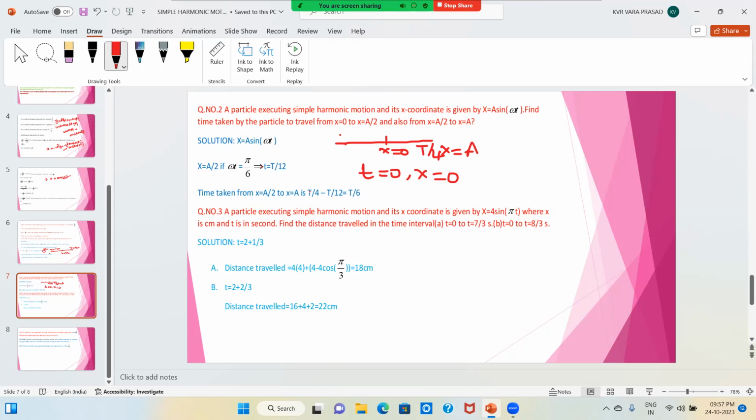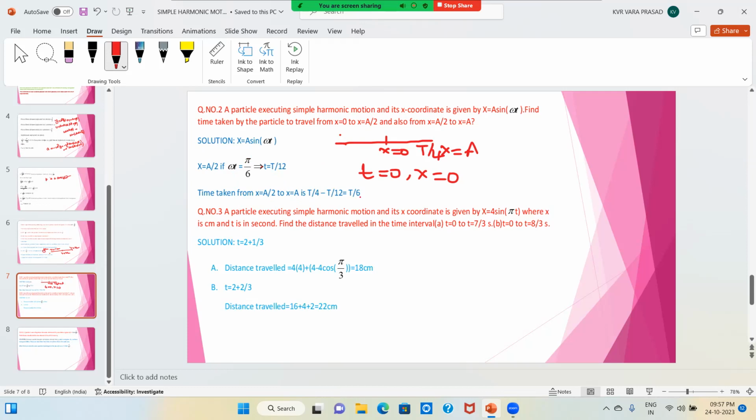To calculate the time taken from a by 2 to a, we subtract T by 12 from T by 4, because T by 12 is the time taken from x equal to 0 to x equal to a by 2. So for the remaining a by 2 to a, the time taken is T by 4 minus T by 12, and that is T by 6. That is what we have written here.